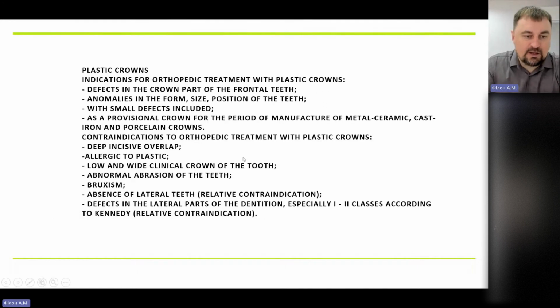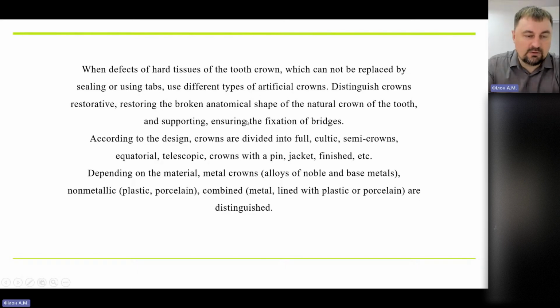Okay, the next page, talking about plastic crowns already. Actually, we need to talk about crowns in general, to explain when and why we have to use them.